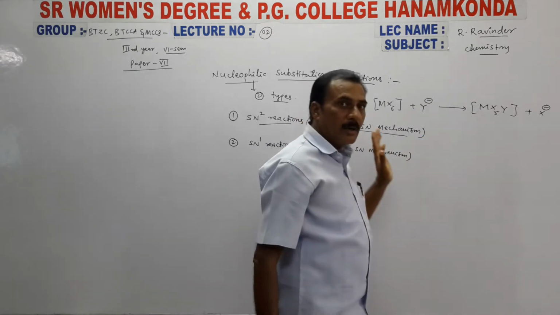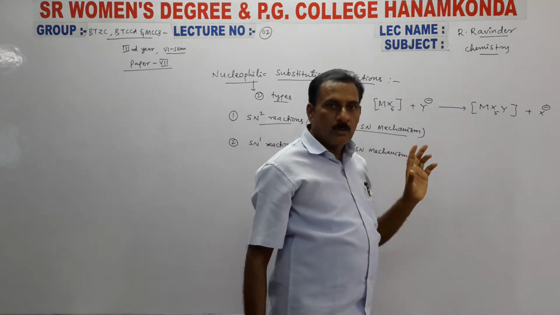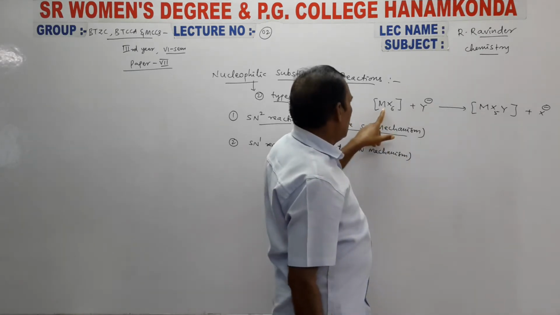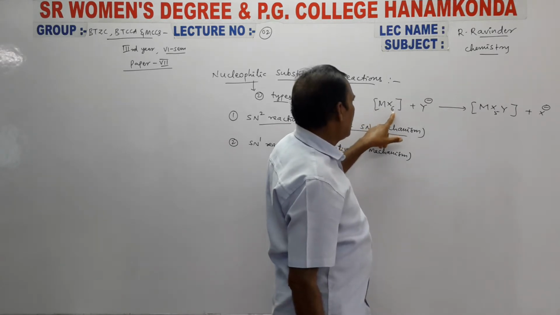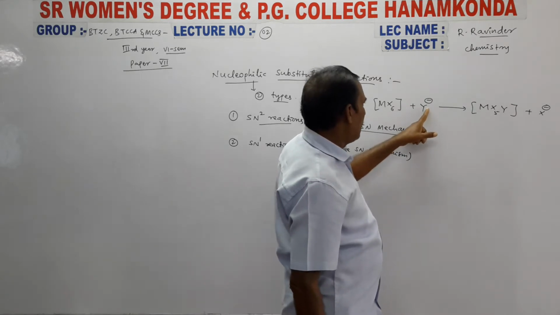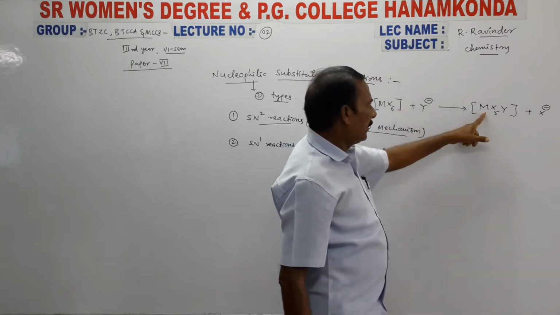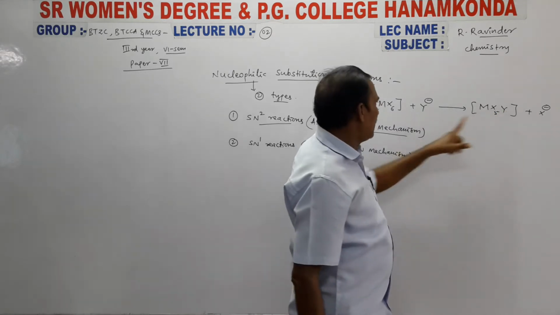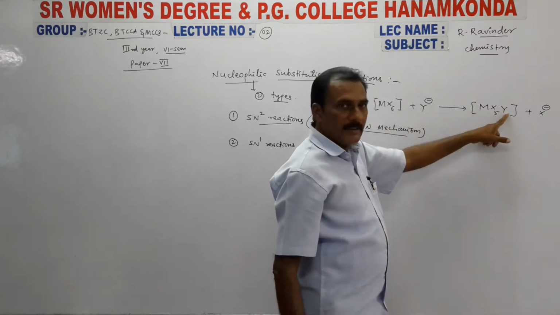The total number of atoms present in MX6 is 1 metal and 6 ligands. When we add Y minus, we have the same metal, X5 and Y, so instead of another X, the Y is added.